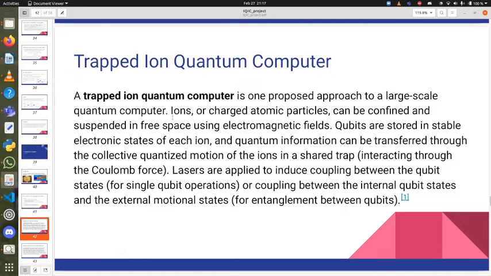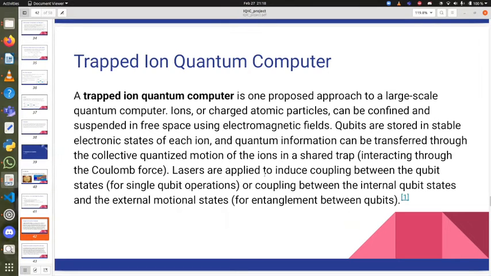Qubits are stored in stable electronic states of each ion, and quantum information can be transferred through the collective quantized motion of the ions in a shared trap, interacting through Coulomb force. So we interact two ions and we get some information out of them. That's a method of transferring information.